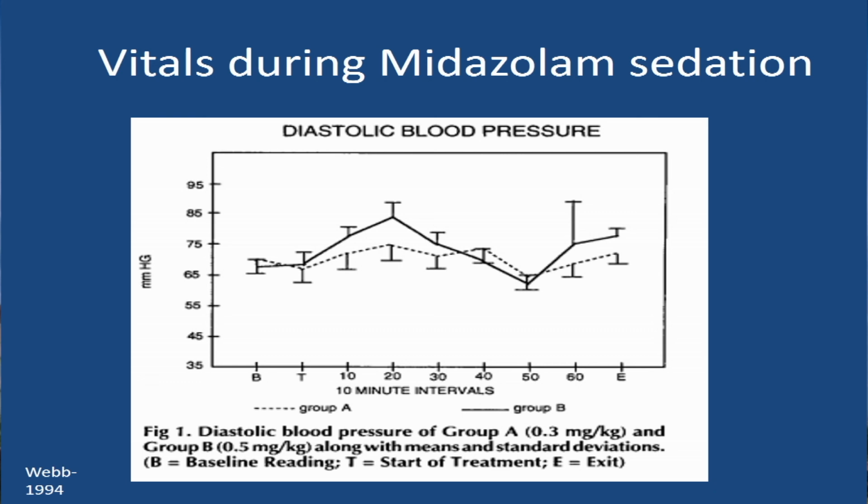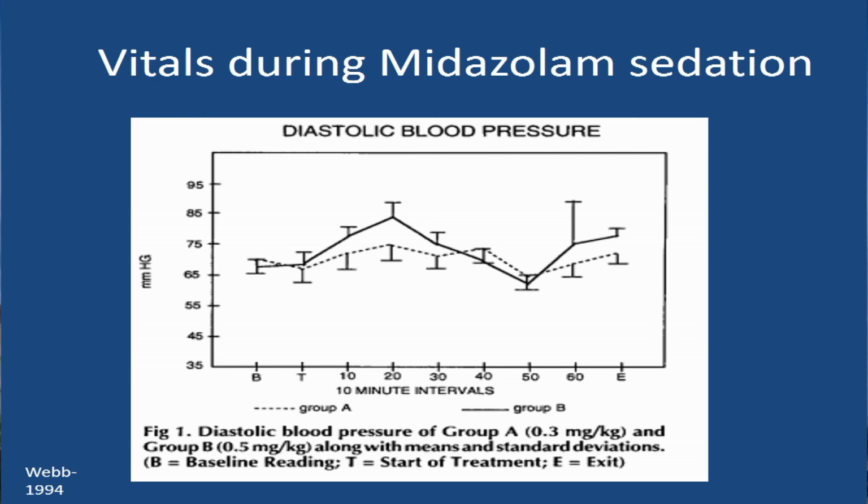And we would really like to have our blood pressure somewhat under control, although it doesn't look like it's that much higher. This looks like it's about 70 millimeters of mercury, and this is probably 77 or 78 up here. So not a great deal of difference. Not statistically significant. And we had a drop at the 50-minute level.